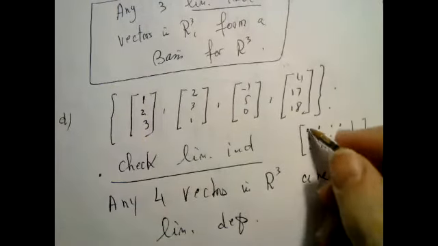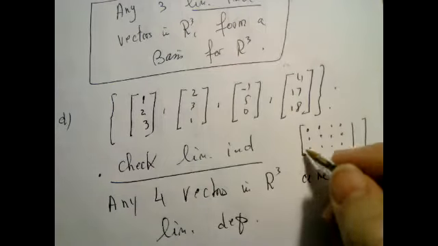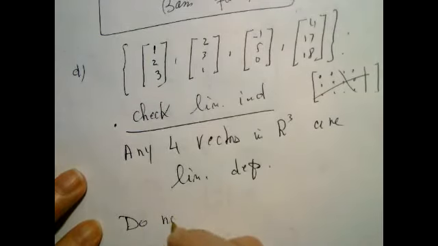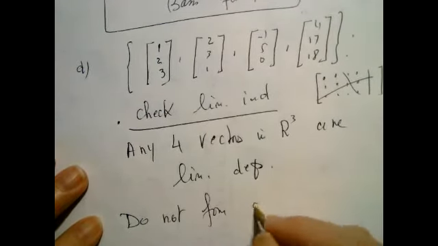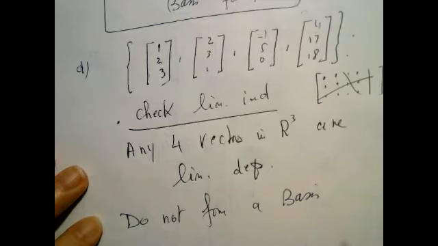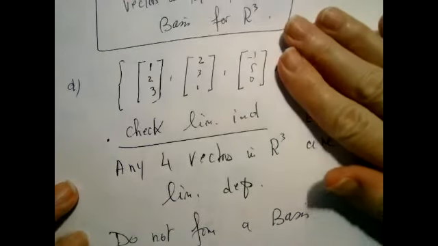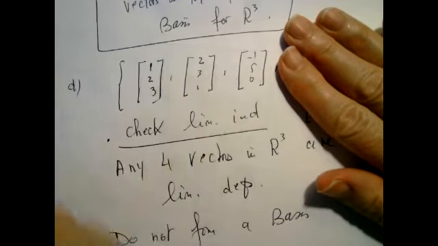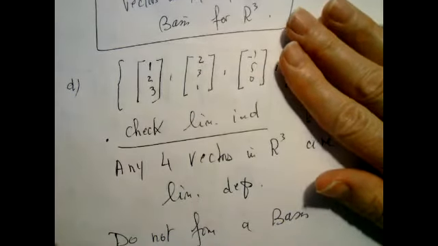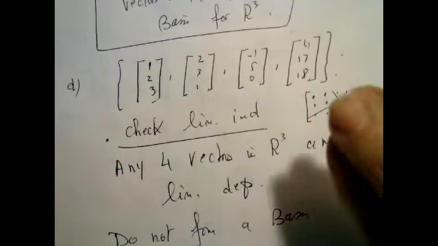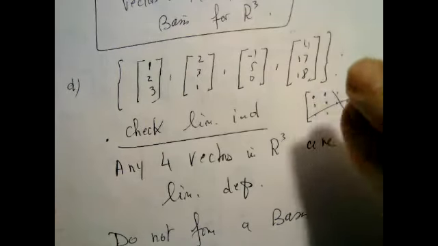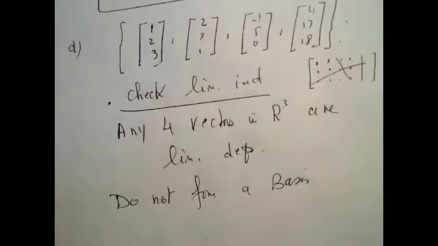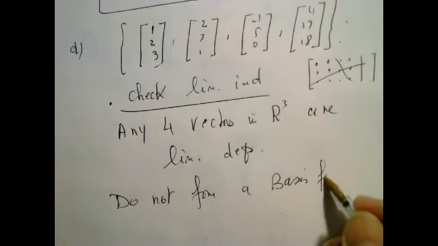So this forces one of the variables to be free, causing the linear dependence. So they do not form a basis. Even if they span R3, because they do, since every vector in R3 can be written as a linear combination of those three. So they do span R3, but a basis wants, as I said, the minimum number of vectors needed to cover all of R3. And 4 is not the minimum number of vectors. So they do not form a basis for R3.